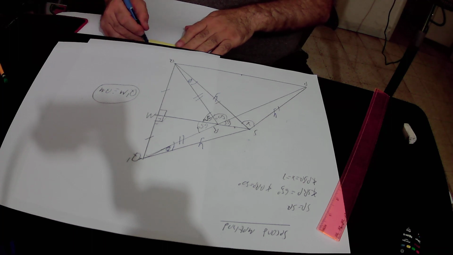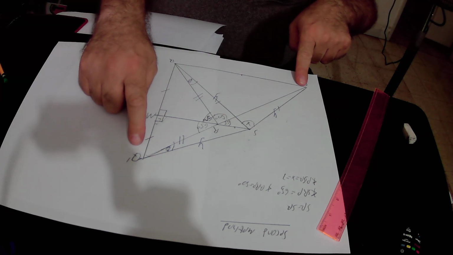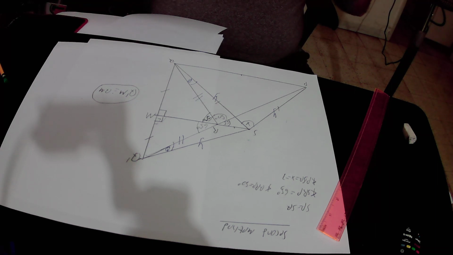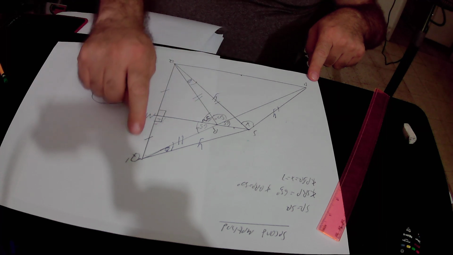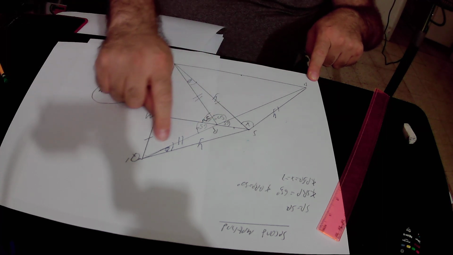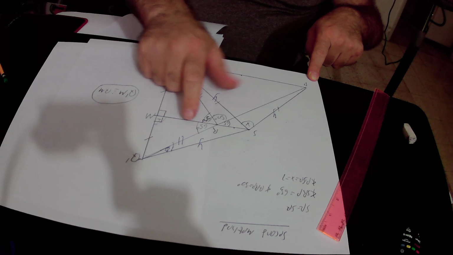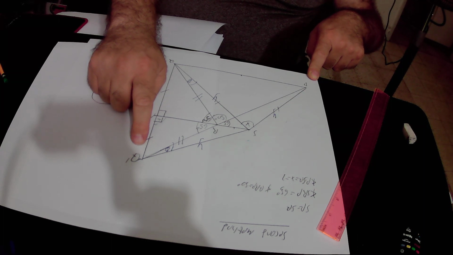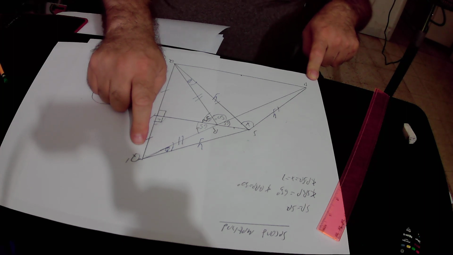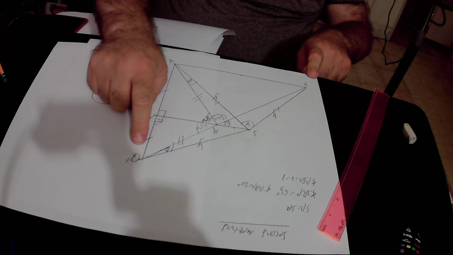So how can we prove that line segment PQ dash is a straight line? Actually, if we prove that angle PRQ dash, if we look from the bottom side, is an angle that equals 180 degrees, then we actually proved that PQ dash is a straight line, because any angle that equals 180 degrees is actually a straight line.